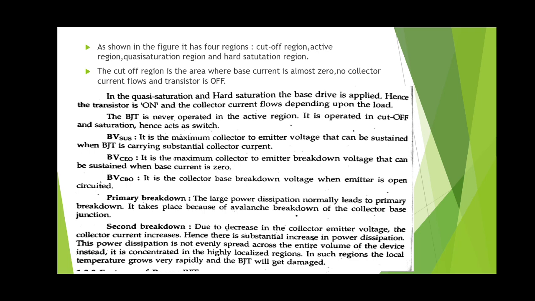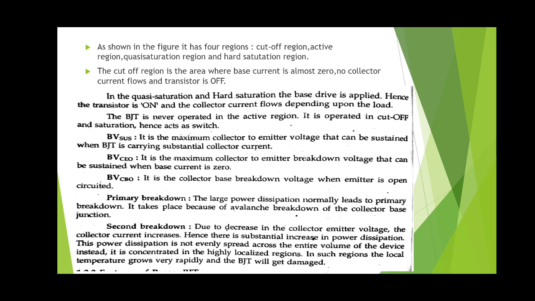BVSUS is the maximum collector to emitter voltage that can be sustained, meaning maintained, when the BJT is carrying substantial collector current. The next definition is BVCEO.